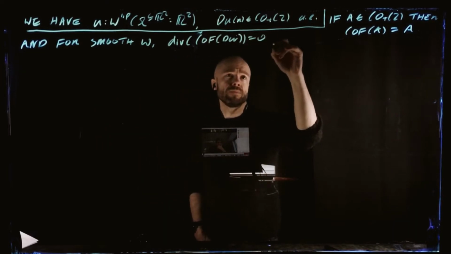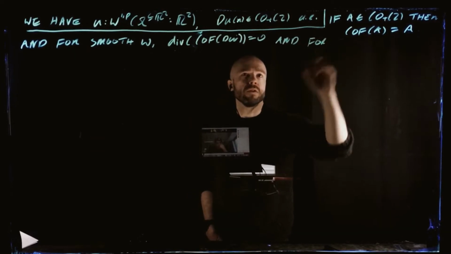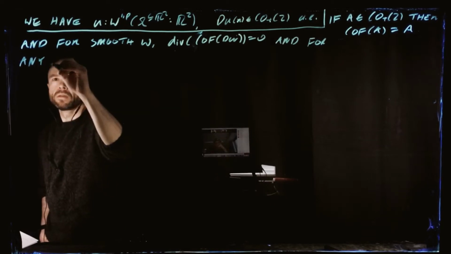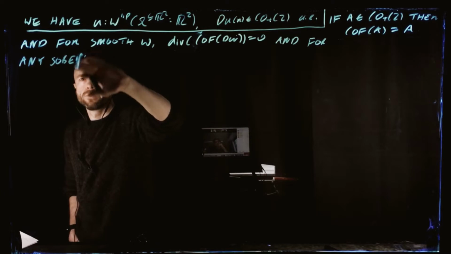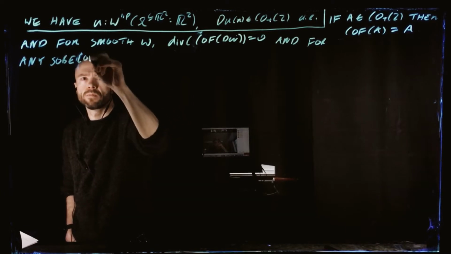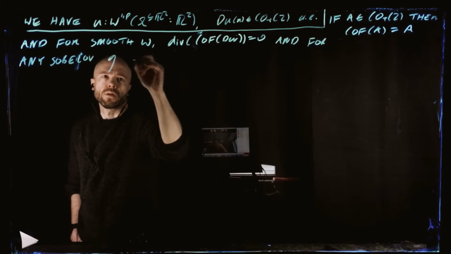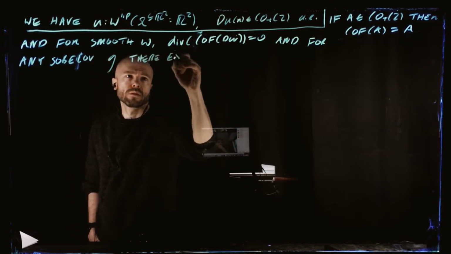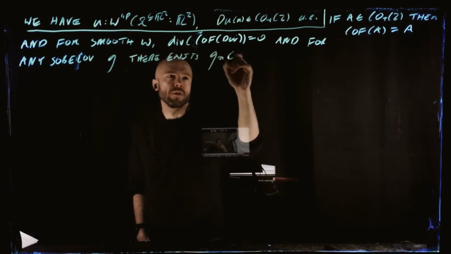And for any Sobolev function g, there exists g_n in C infinity.